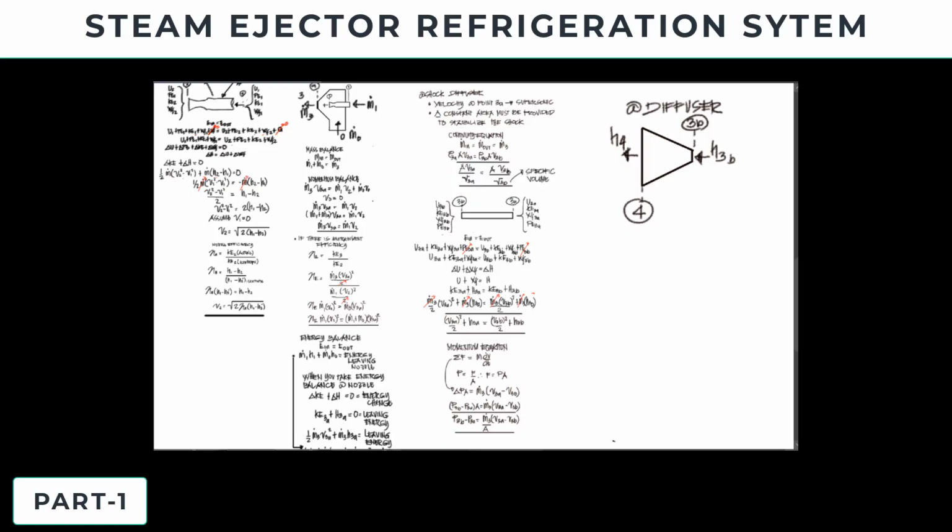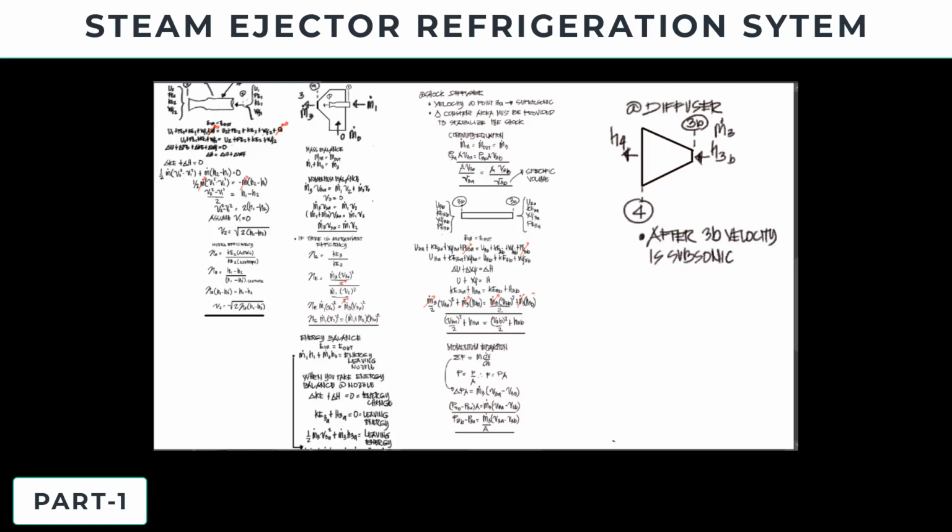Next, let's dive into the diffuser now. So we have here the diffuser. At 3B, we have enthalpy 3B entering, and we have the mass flow rate 3, which is leaving the shock chamber, and enthalpy leaving, enthalpy 4, at the end of the diffuser.